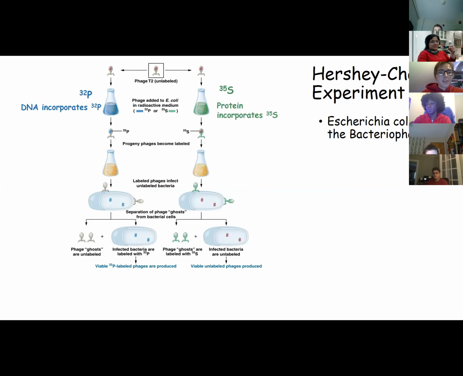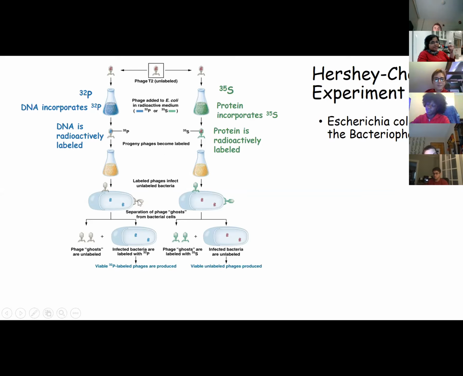Okay, so Hershey and Chase is the one that used radioactive labeling, in DNA which incorporates P32, the phosphate, and S35 for protein, right? So you come down, it goes in, both of them are labeled.